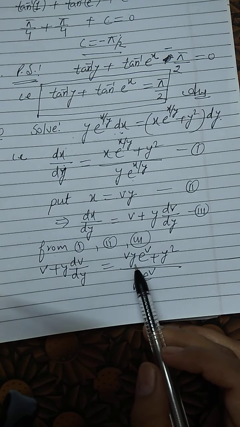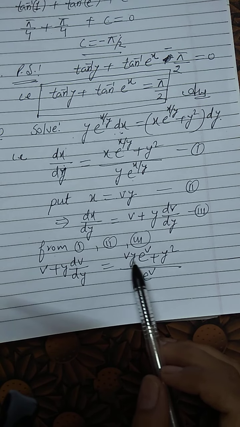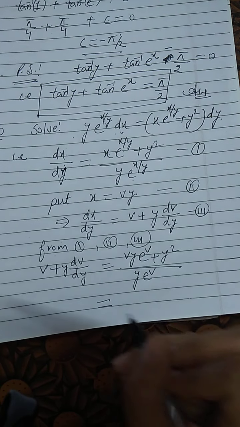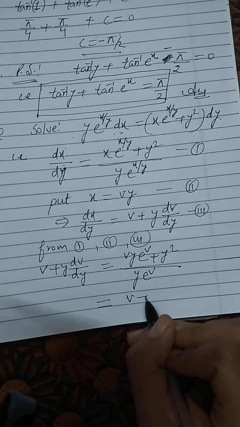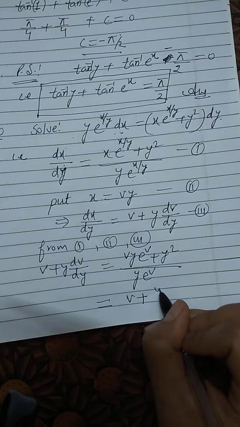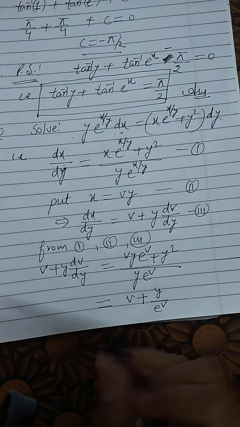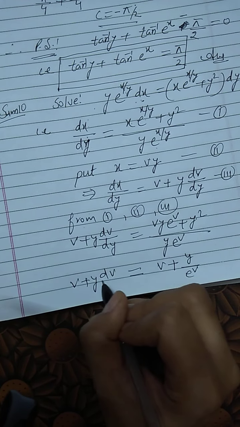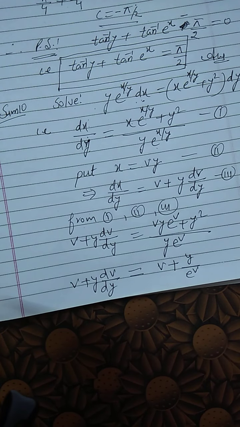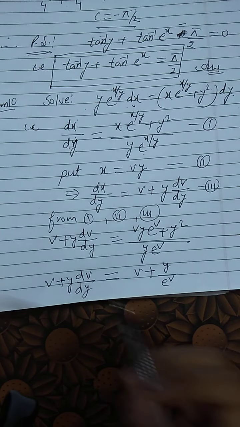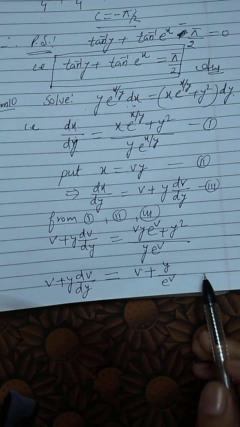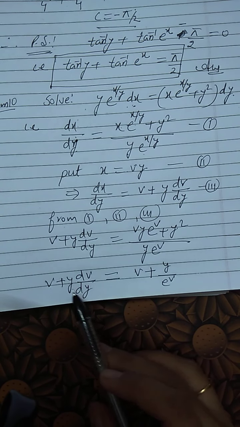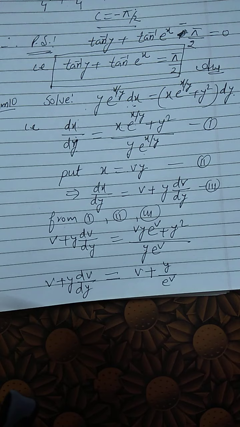Okay, so I think we can simplify the terms here, because y e raised to power v, y e raised to power v will get cancelled and we are left with v plus y upon e raised to power v, and on the left hand side we have v plus y dv upon dy. Okay, so here if I shift this v to the right hand side, v and v will get cancelled, and then the y product and this term also we can cancel.